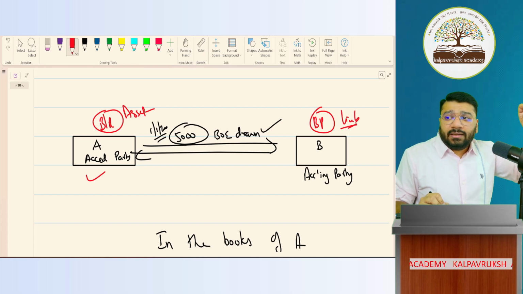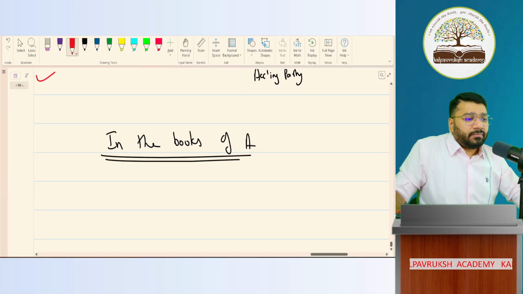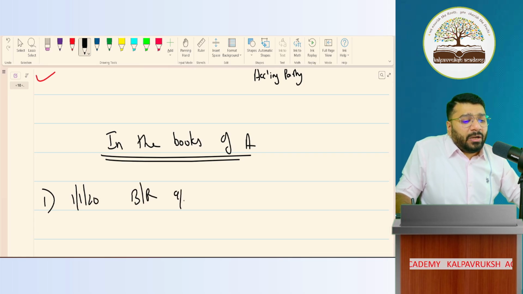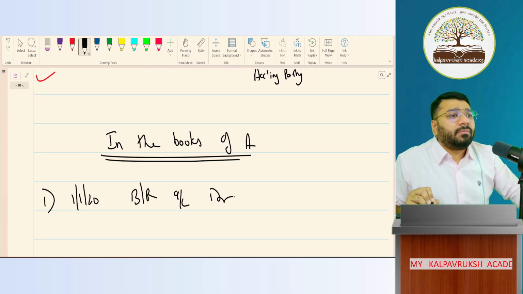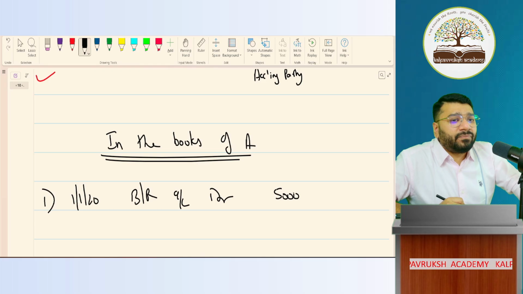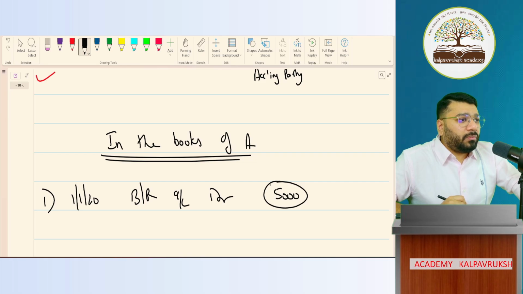If one asset comes, to record one asset in my books of accounts, should I give debit or credit? Debit. So first transaction on 1/1/2020, we are receiving an asset. Debit what comes in? How much? 5,000 rupees. Okay. This money that came to me now, this asset that came to me now, is it my money?